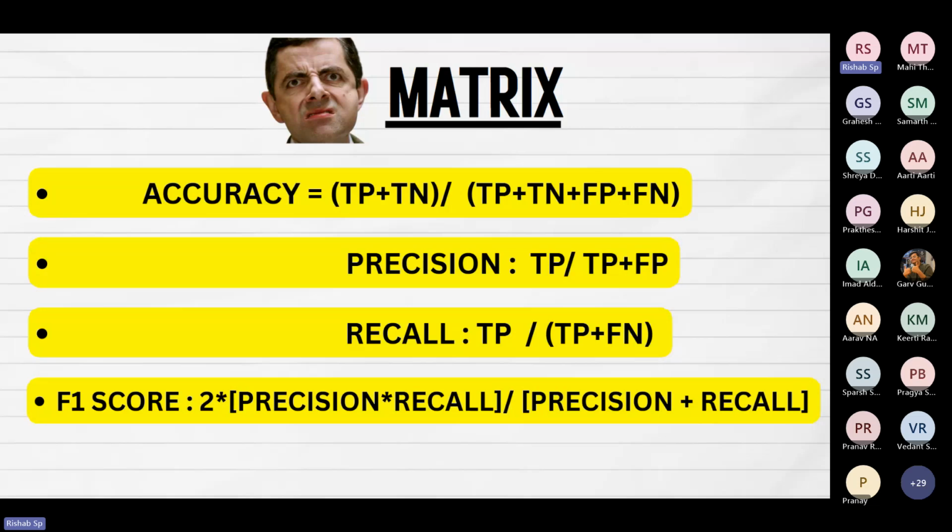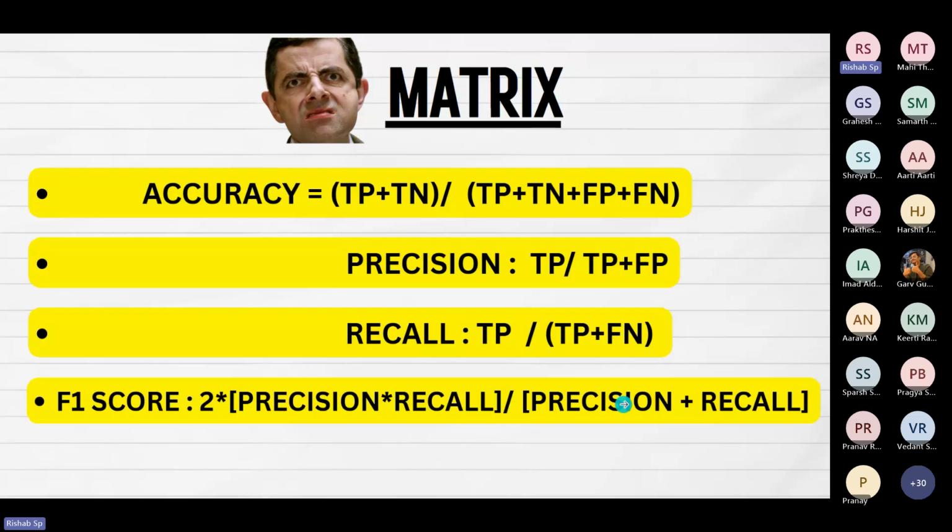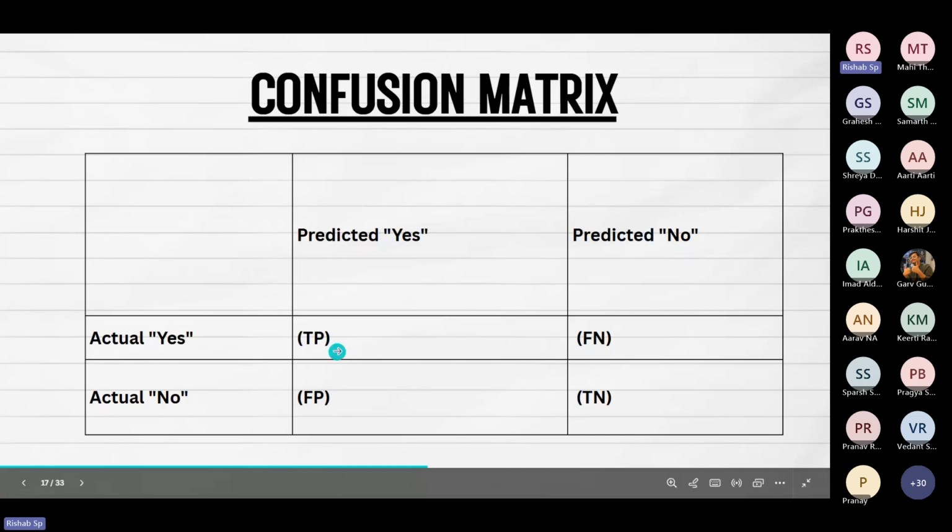That's it. Simple, basic maths. So accuracy, what is it? TP plus TN, because these were the two right predictions, divided by the total: TP plus TN plus FP plus FN. What is precision? TP divided by TP plus FP.